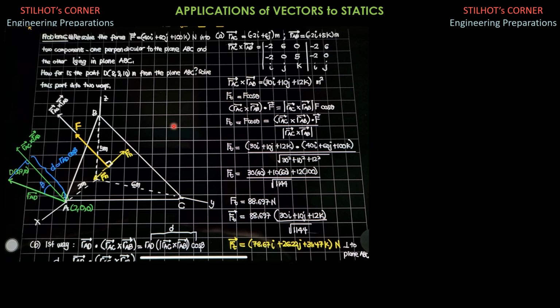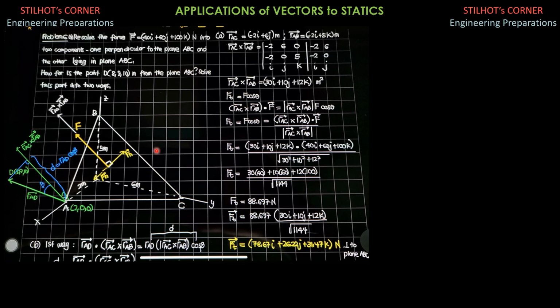Then the component of F in the direction of this vector, because the cross product is another vector perpendicular to the plane of this triangle surface. So AC cross AB is another vector perpendicular to the plane in that direction. So this component along this direction is Ft, the tangential component, tangential to this direction.